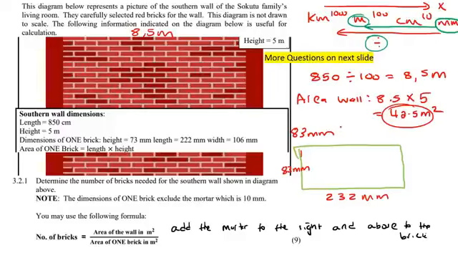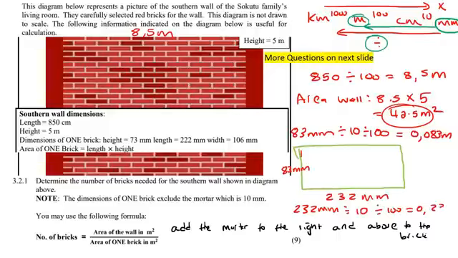And so you're going to divide by 10 and then divide by 100, and that'll give you 0.083 meters. And then if we do the same with this one over here, 232 millimeters divided by 10 divided by 100, that'll give us 0.232 meters. Okay, so now we know the lengths of this brick.